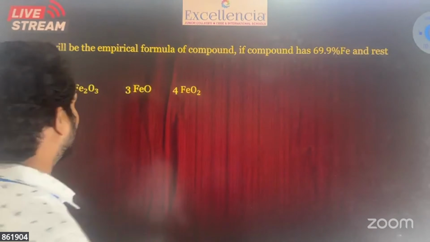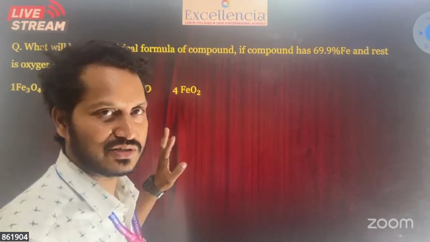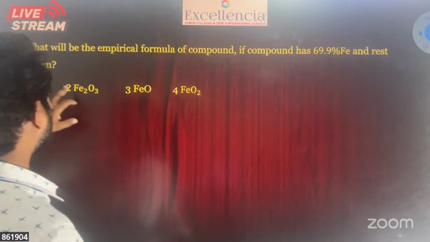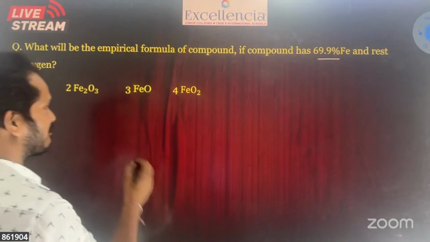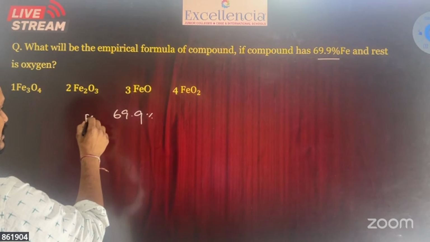Next, this is based on the empirical formula and is related to stoichiometric problems. Here, the empirical formula is asked, with 69.9% of iron given.